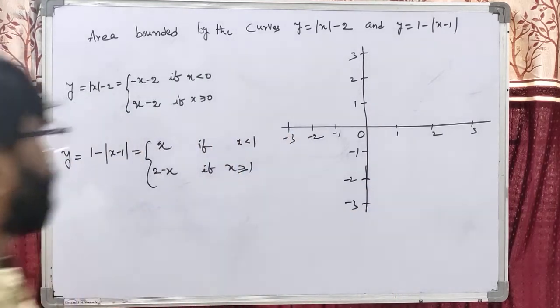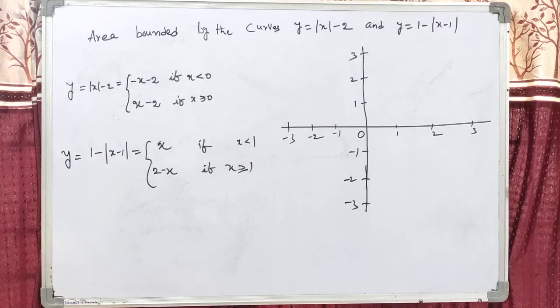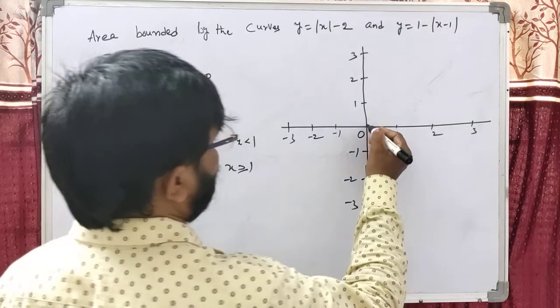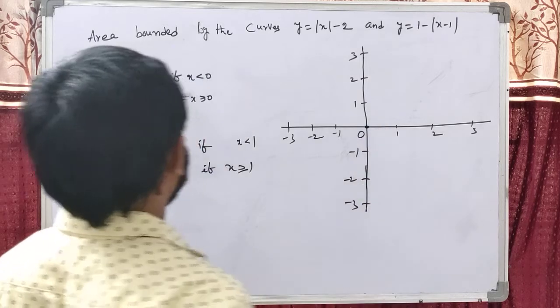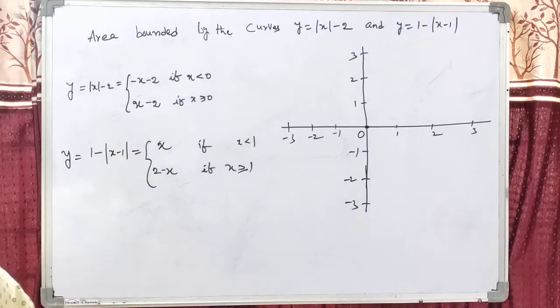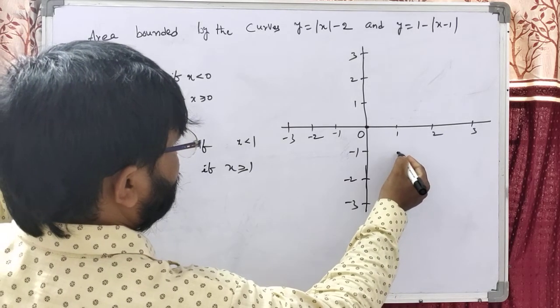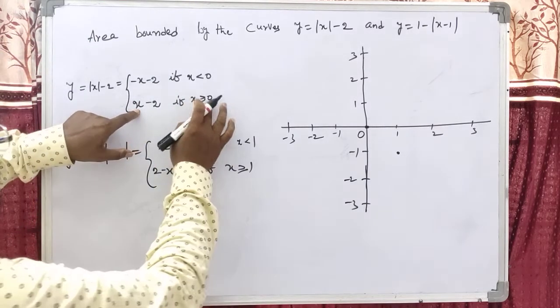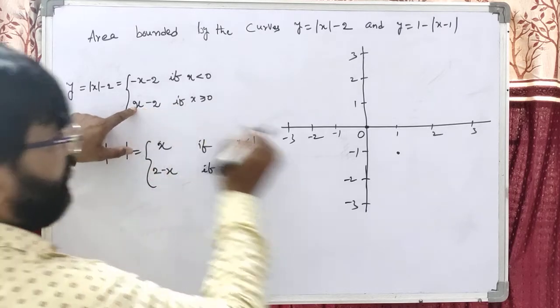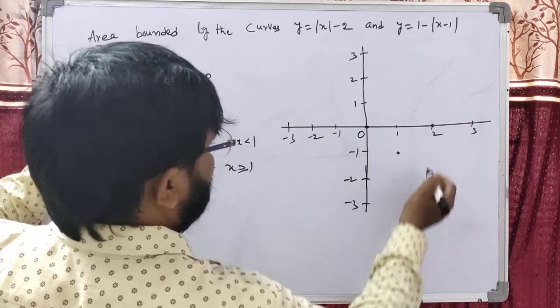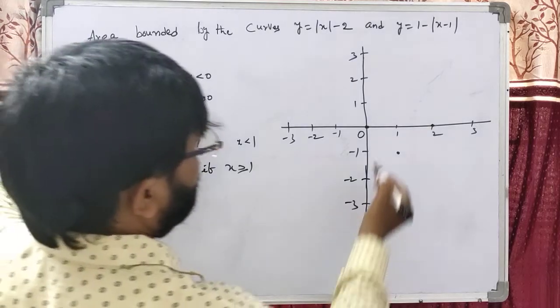Dear students, first we take x minus 2 for x greater than or equal to 0. Okay students, so at 0 this is minus 2. When we take 1, this is minus 1. When we take 2, this is 0. When we take 3, that is 1. Dear students, this is the graph.